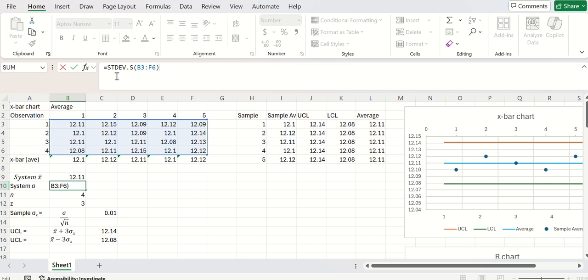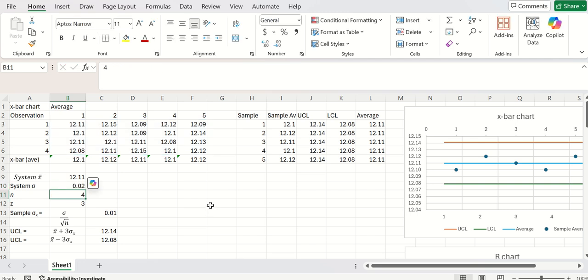The reason it's .s is that it's for a sample instead of a population, and it's a sample because we didn't test everything, we just tested 4 items each day. We hit enter, and our system standard deviation is 0.02. The number of items that we are looking at each day is 4.